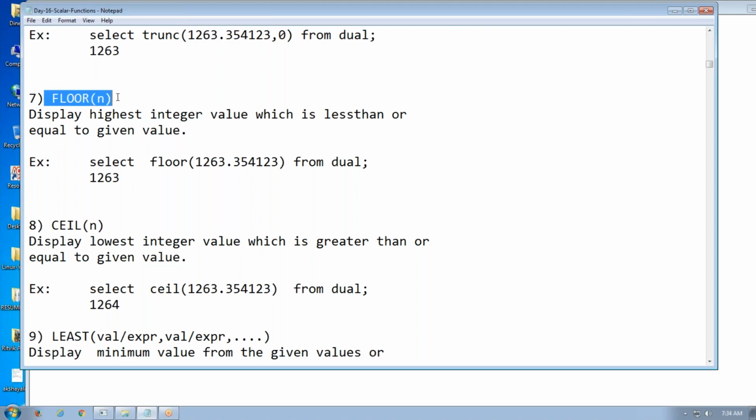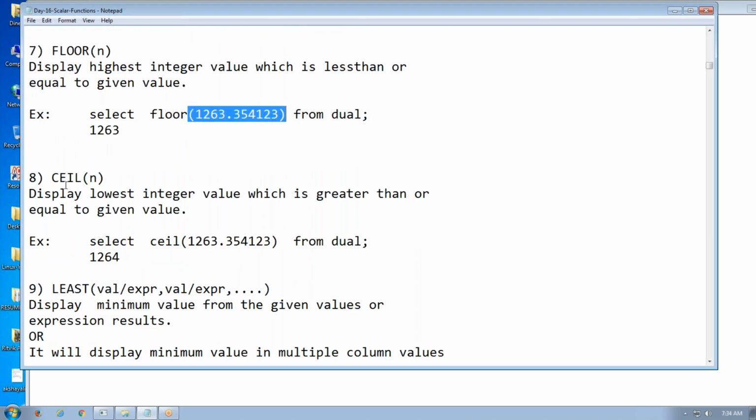The floor function prints the immediate integer which is below or equal to the given value. The ceil function prints the immediate integer above or equal to the given value.